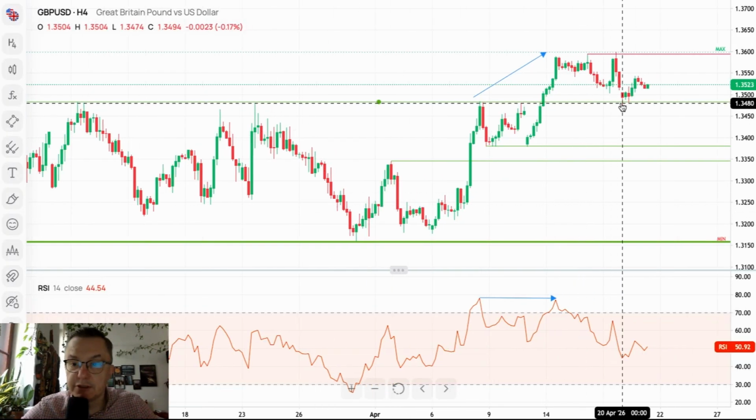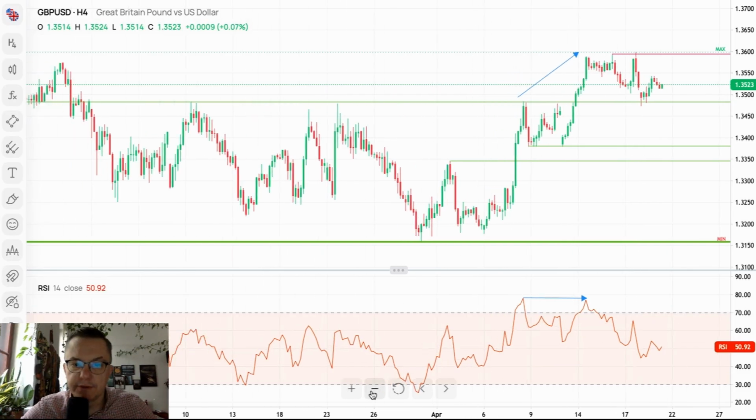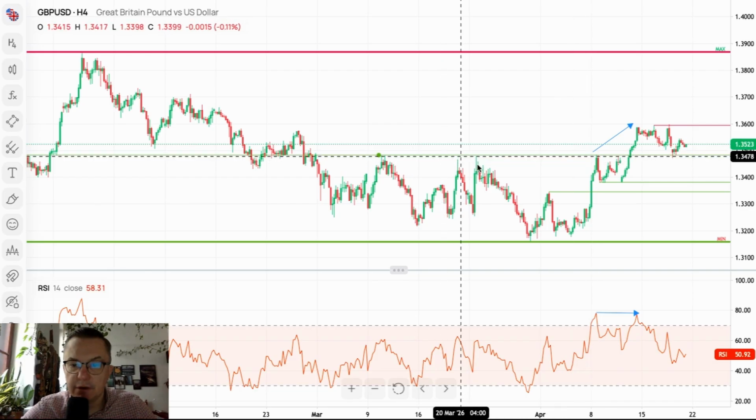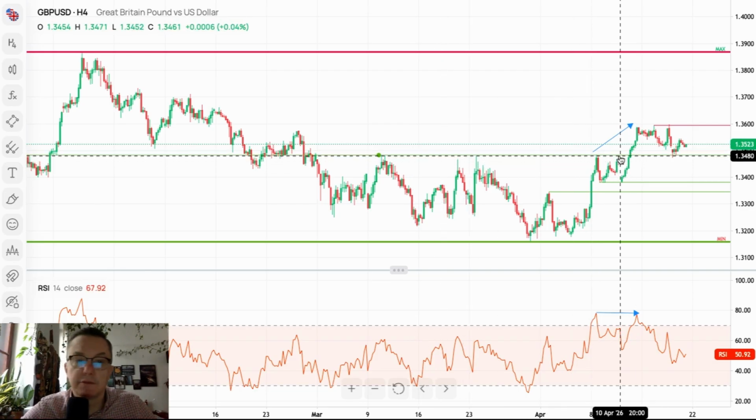The same situation here is on the cable. 1.3481 was the level of the technical support. If we zoom out, you can see that this level has been tested many times, at least five times almost.